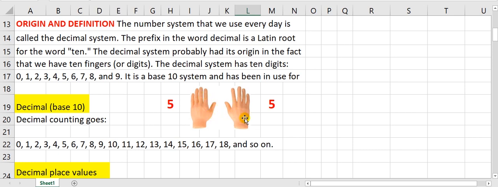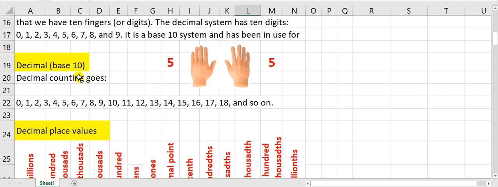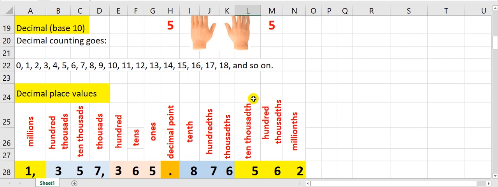Left hand and right hand, every hand has 5 fingers. The decimal base is 10. Decimal counting goes 0, 1, 2, 3, 4, 5, 6, and so on, like the whole numbers.